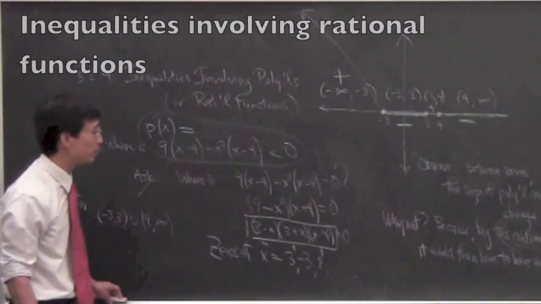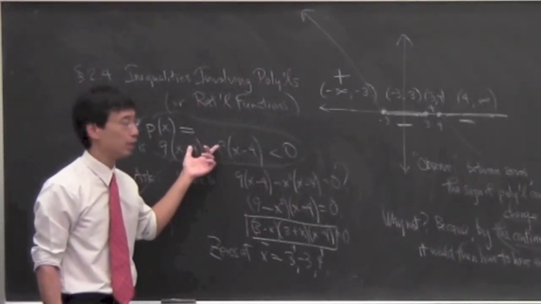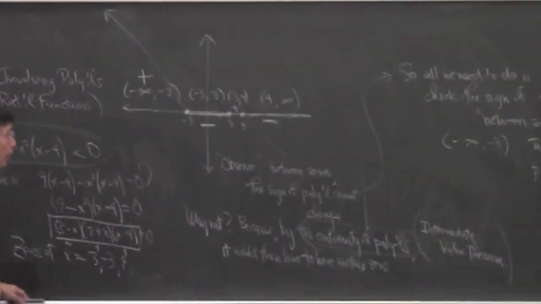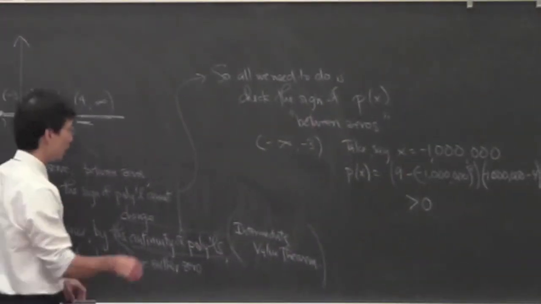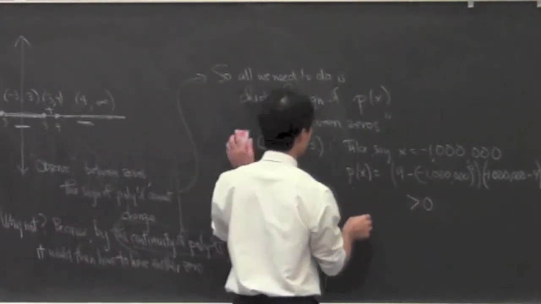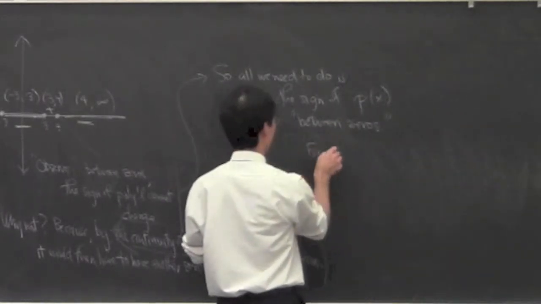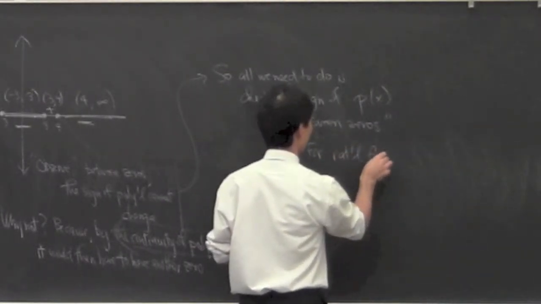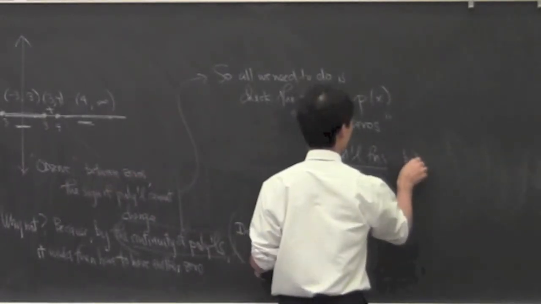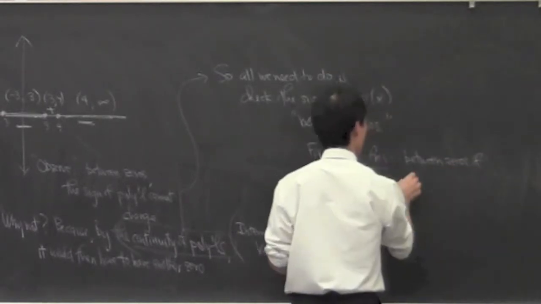Okay. And the only difference between doing this for polynomials and doing this for rationals is that you need to throw in zeros of the top and the bottom. So for rational functions, it's rather between zeros of either top and bottom.